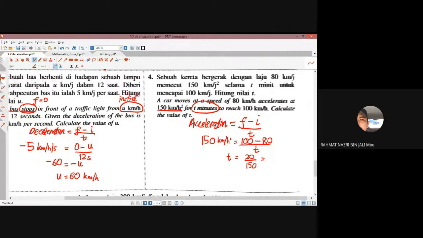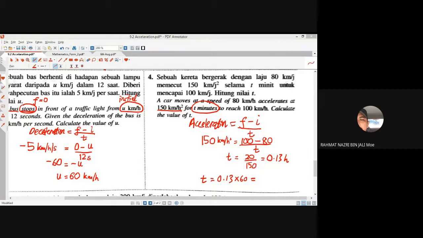So we get the time in hour, 0.13. But the question asks for the unit T in minute. So I will convert to minute. So multiply by 60. So T in minute is 0.13 multiply by 60. Kita akan dapat jawapan dalam minit. Jadi apakah jawapannya?